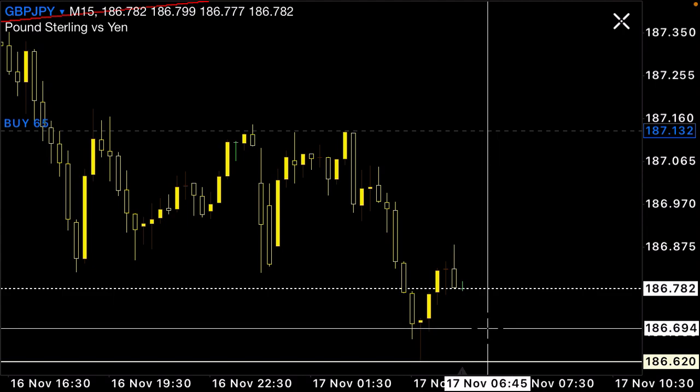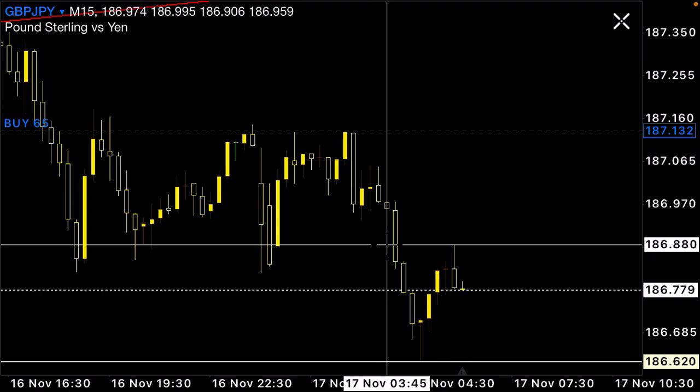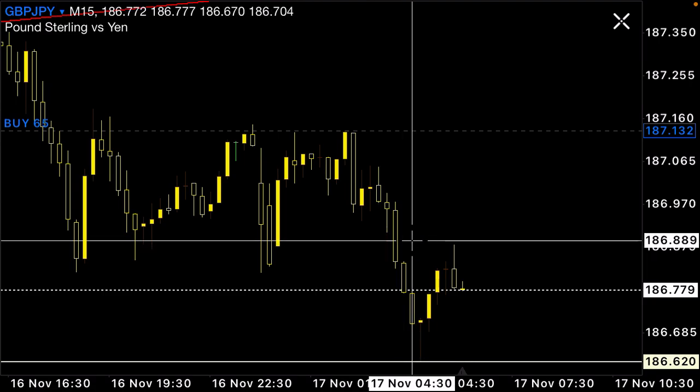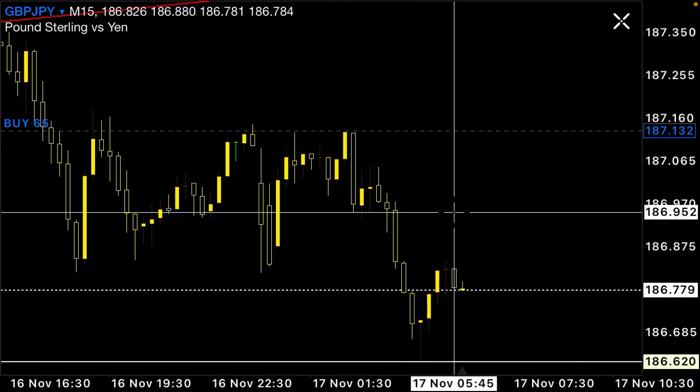Each one of these candlesticks is 15 minutes in time. So some are smaller, some are bigger. So during the 15-minute period, that's how far for that 15 minutes that the price went down.